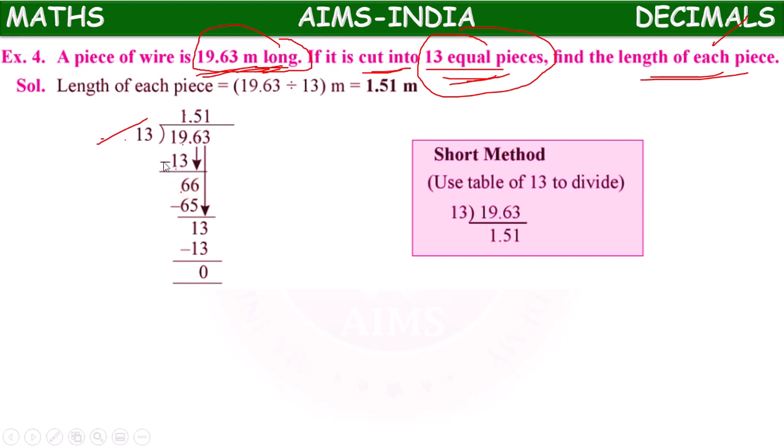Now it is 66. 13 5 times is 65, 1 is remaining. Next, the number 3 we can carry down. 13 1 times is 13, 0. So 1.51 is the quotient.